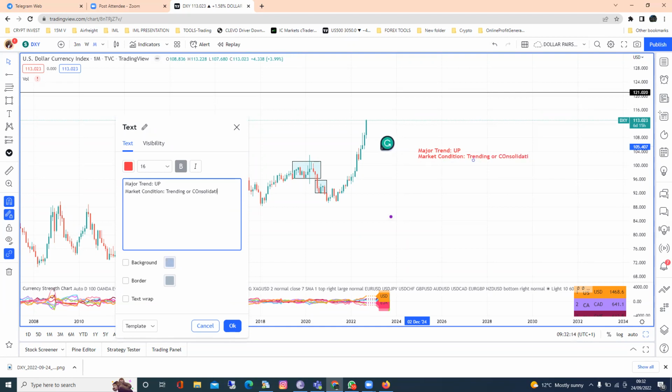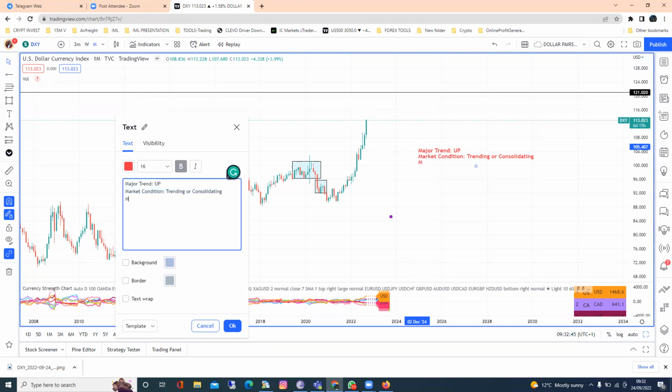In this case, this market is not consolidating, it's trending, which means it's going in one particular direction. It's not moving sideways. So if the market is not moving sideways, that is telling you one key thing at the same time as well: that your direction remains intact.